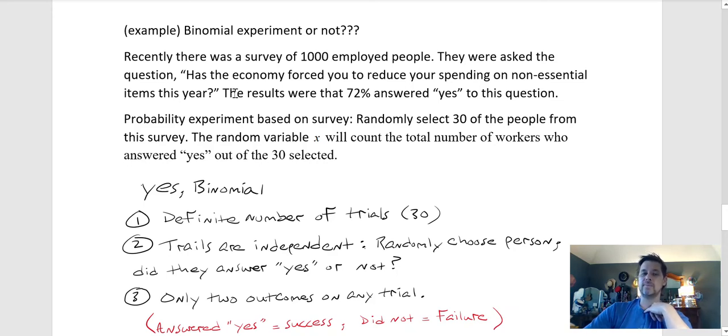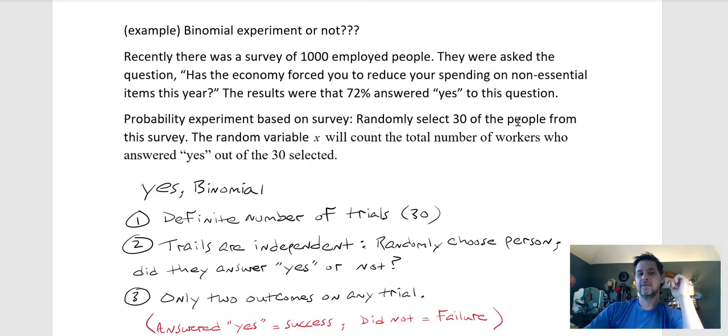Things you don't have to buy. The results were that 72% answered yes to that question. I guess the other 28% did not answer yes. Maybe they said no, maybe they said leave me alone, maybe they just walked away. So there's yes, and then there's everything else.